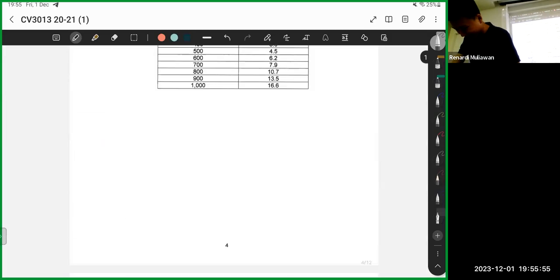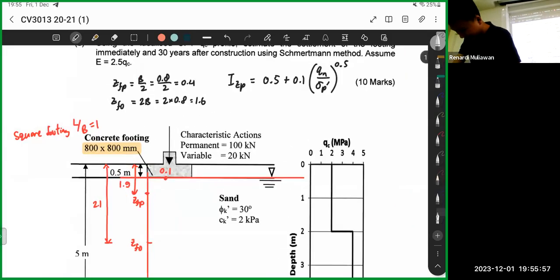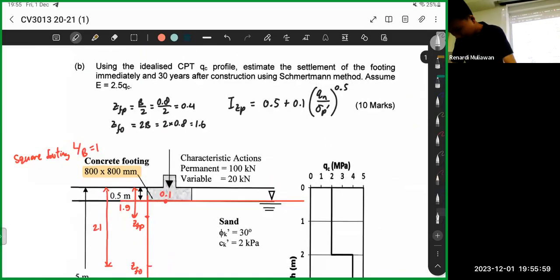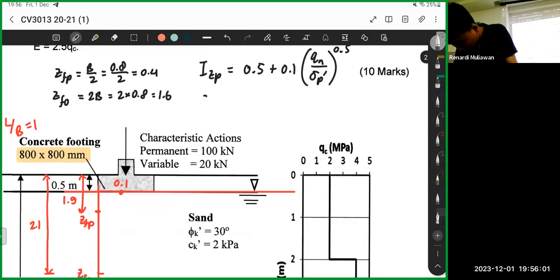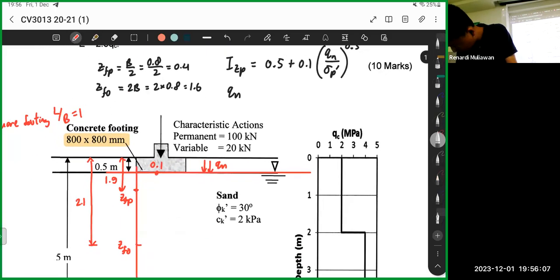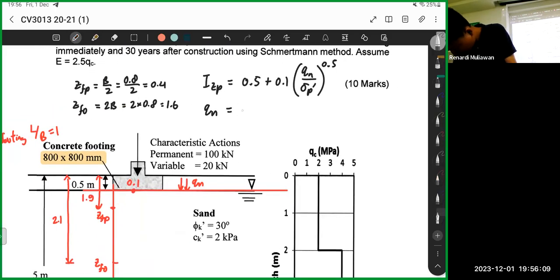That's the thing, I forgot. Okay, so Qn, so it's 0.5 times... wait, let me check.